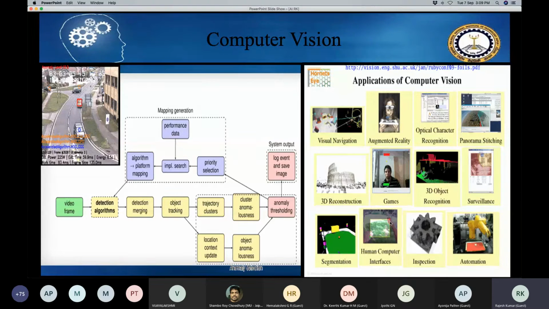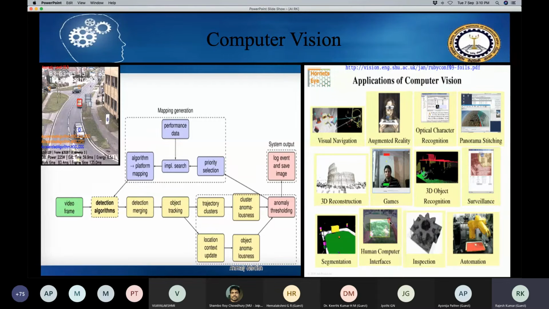Augmented reality is a very interesting domain where people have created virtual things in front of you. Character recognition, surveillance, 3D object recognition, games, which are full of that, 3D reconstruction, segmentation, human computer interface, automation, and so on. There are a lot and lot of applications of computer vision.